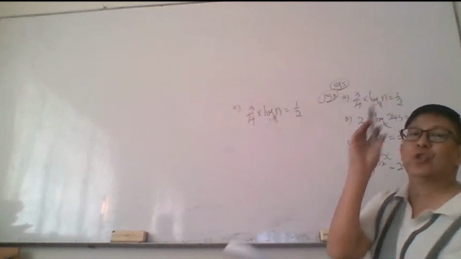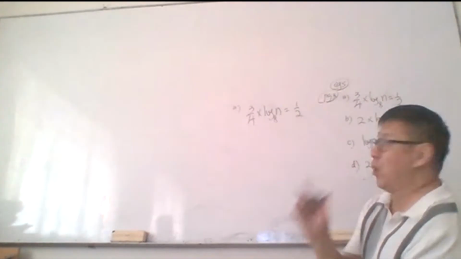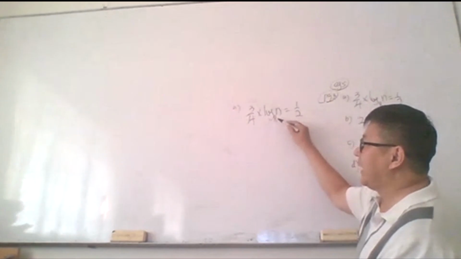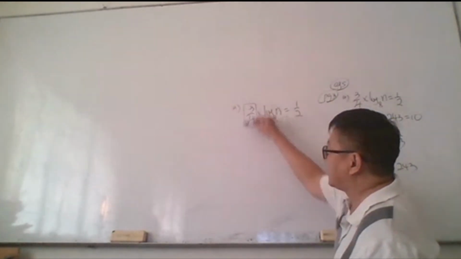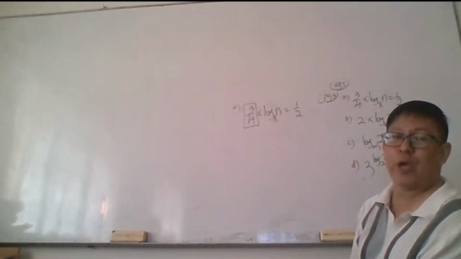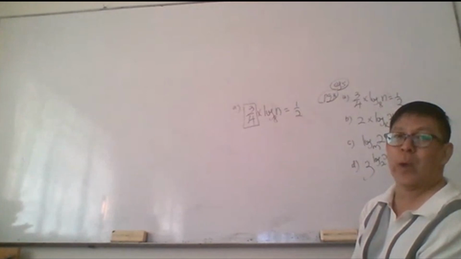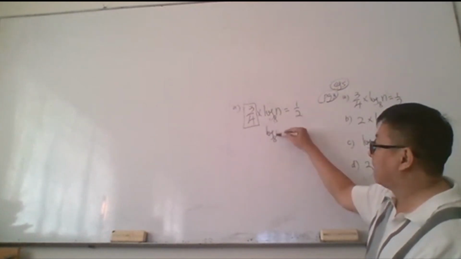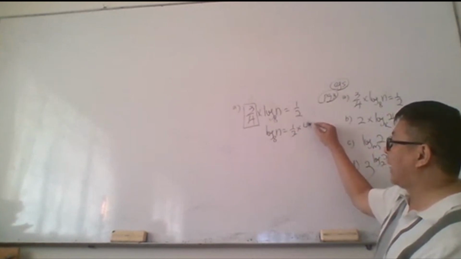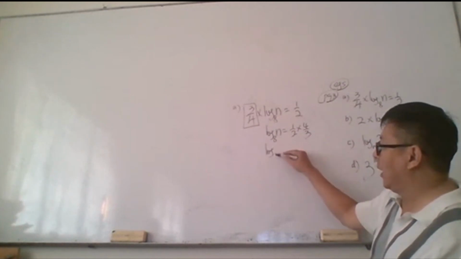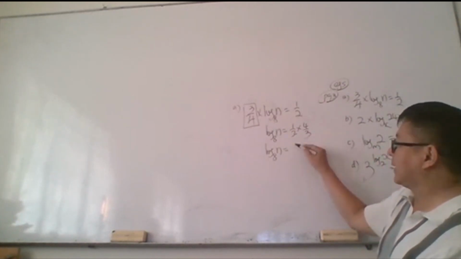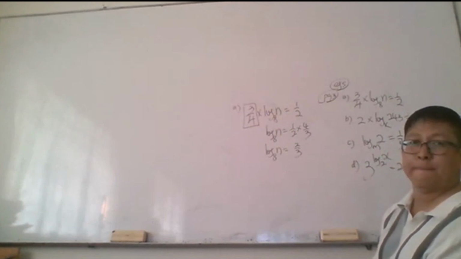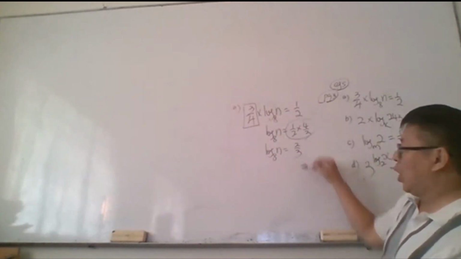Now remember, there's no way for you to clear this unless you clear off your 3 over 4. There's only one way: cross multiply. 1 over 2 times 4 over 3 gives 2 over 3, so log 8 of n equals 2 over 3.